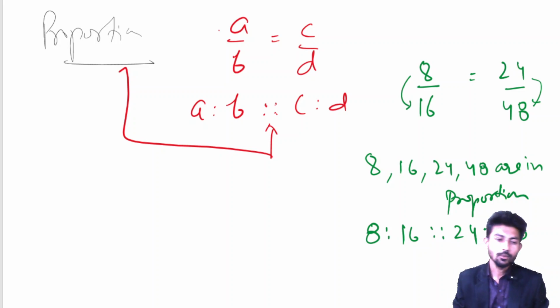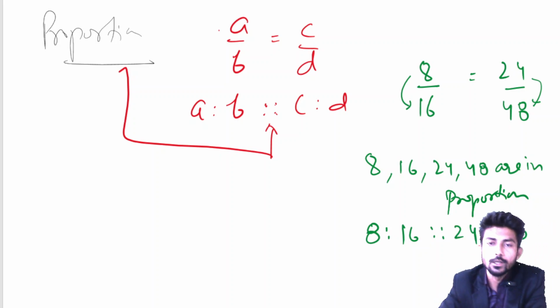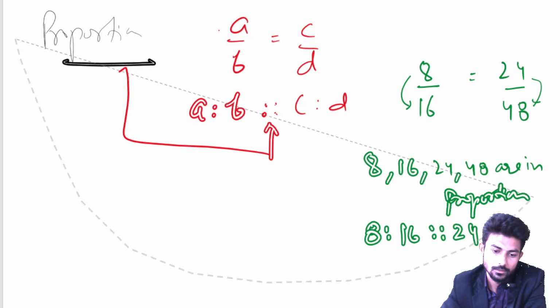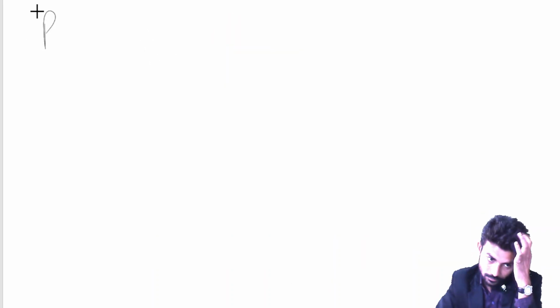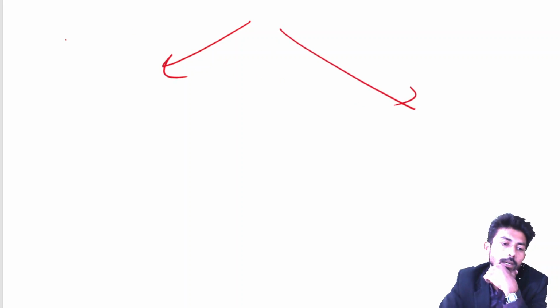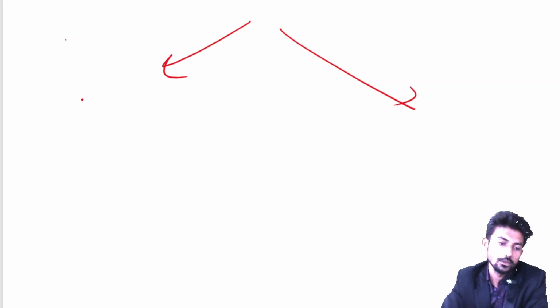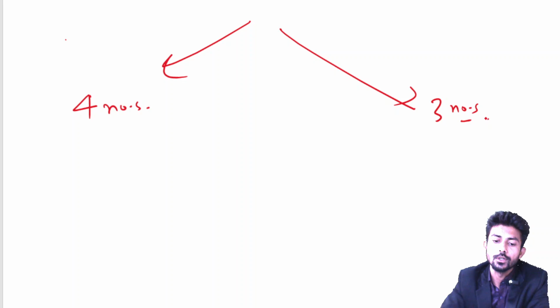Now, what kind of questions are asked from this topic? They are of two types. So what are those? Let's see that. In one type there will be four numbers, and in the second type there will be three numbers.